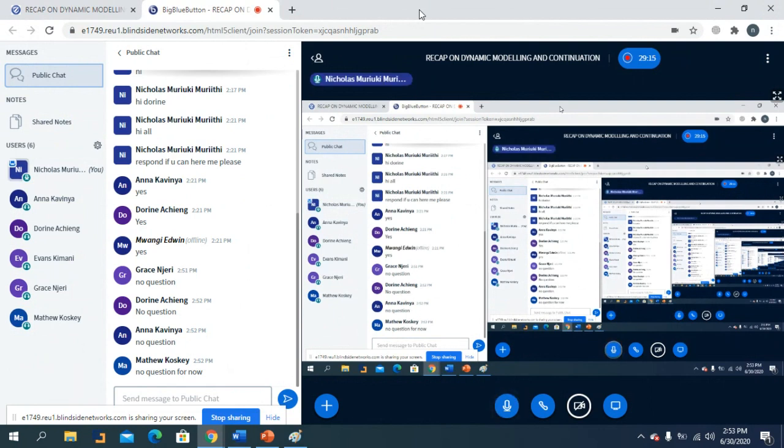What's the difference between the activity diagram and the sequence diagram?